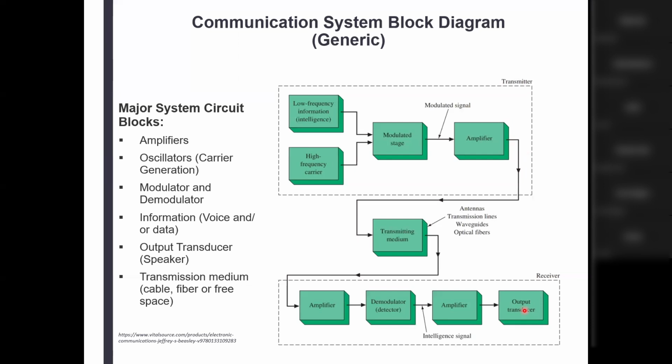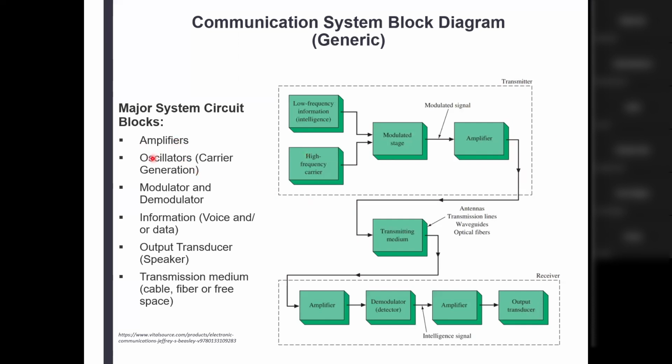Our senses would be what? Eyesight, hearing, smell. I'm not sure if you can transmit smells, but you can always try. So it could be all analog circuitry all the way from beginning to end, or it could be analog converted to digital and converted back to analog so you could sense it.